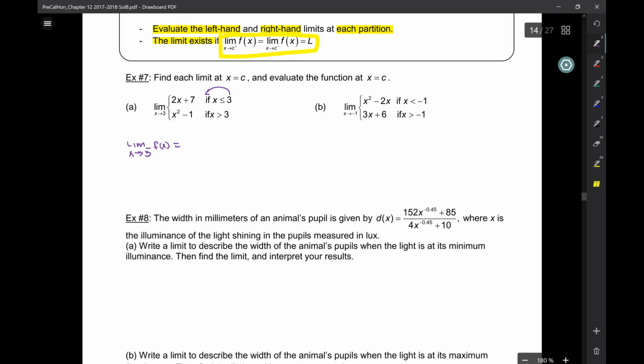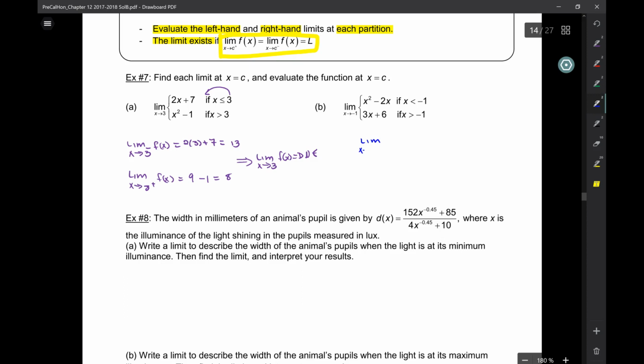The limit at 3 minus of f of x is what? 2 times 3 plus 7, that's how much? 13, right? And then the limit as x approaches 3 plus of f of x is how much? 3 squared, that's 9 minus 1, 8. So what does that mean? The limit does not exist. Okay, so let's do the next one.